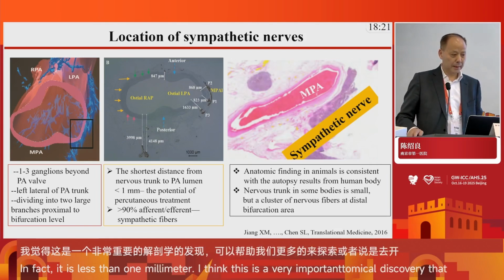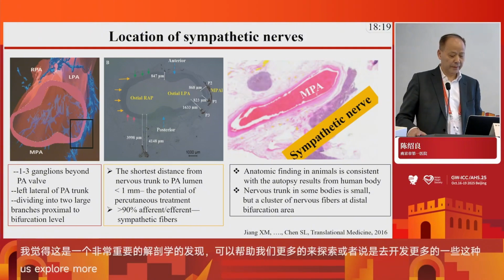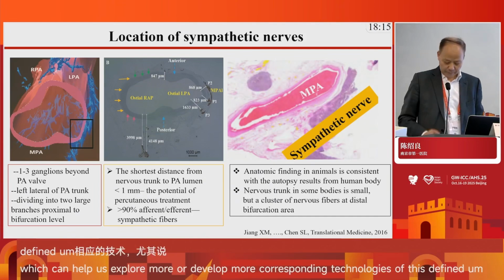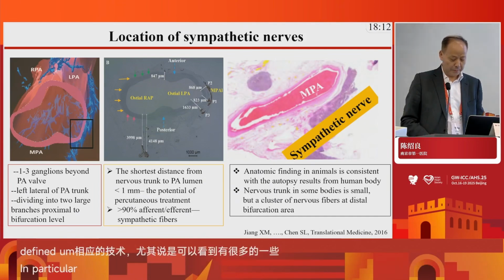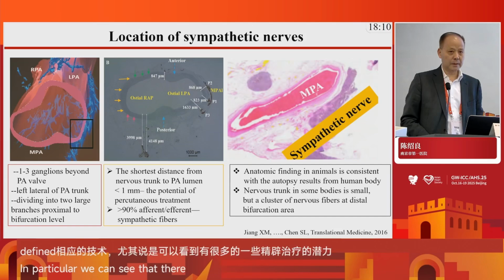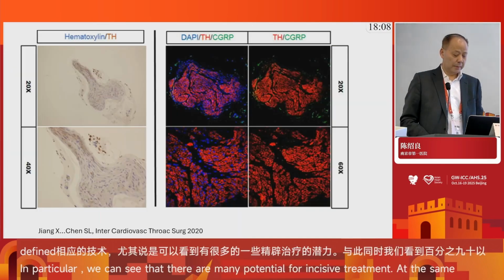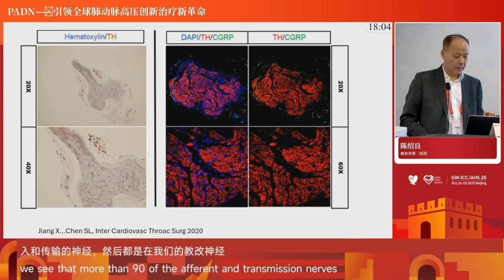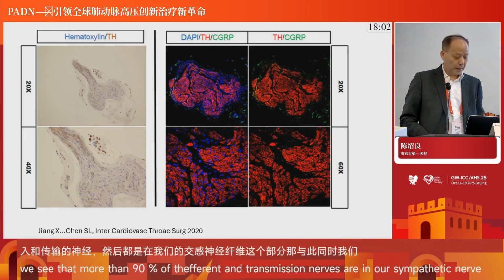On the right panel, we found similar findings about the anatomy of PA sympathetic nerves from the human body. So there's no doubt about the wide distribution of PA nerves around the pulmonary tree.